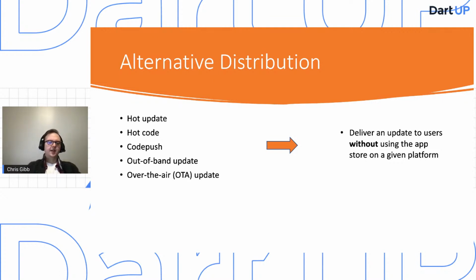So you see terms like hot update, hot code push, code push, out of band update, over the air update. I believe OTA update in particular is a term us mobile application developers have stolen at some point from telephony firmware developers.